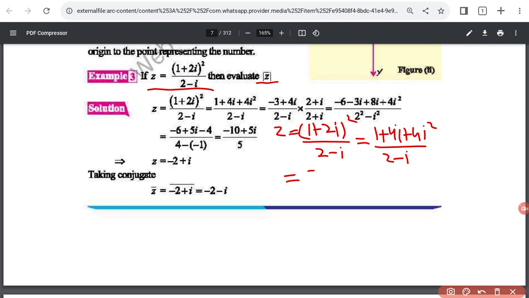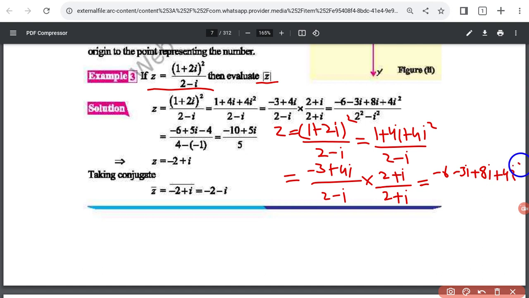So when we simplify it, it will become minus 3 plus 4 iota over 2 minus iota multiplied by 2 plus iota over 2 plus iota. Then we have minus 6 minus 3 iota plus 8 iota plus 4 iota square over 2 square minus iota square.